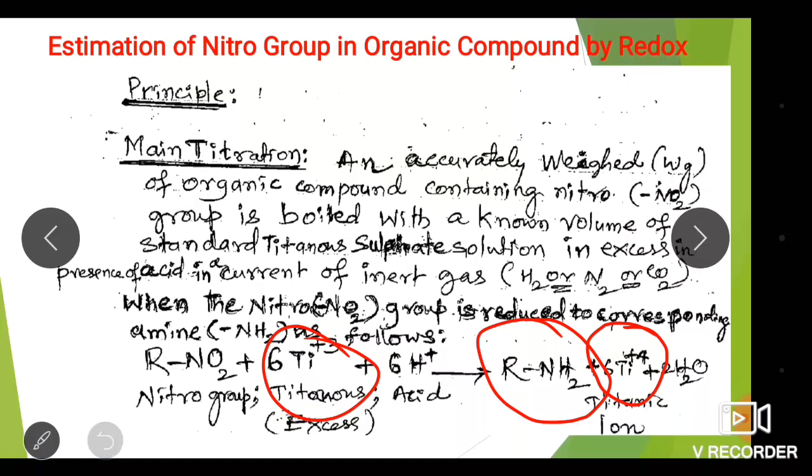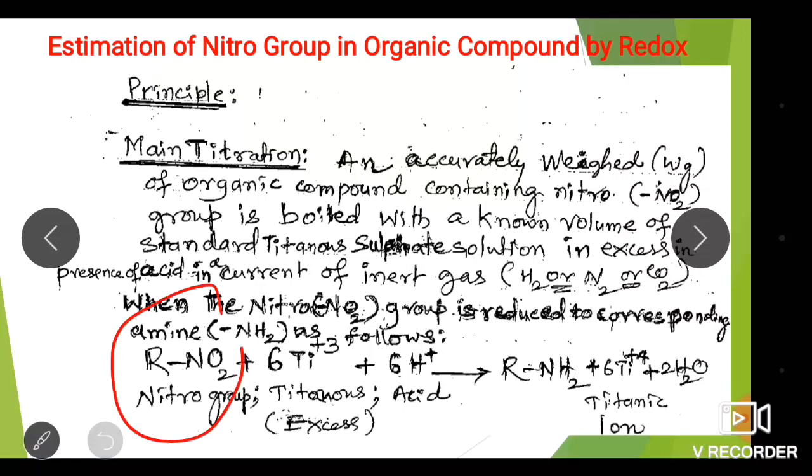This is the overall oxidation and reduction reaction. Reduction of the RNO2 group takes place in presence of titanous sulfate, and the oxidation of titanium takes place. So RNO2 gets converted into RNH2.